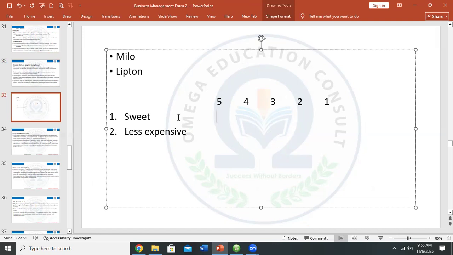Yes, Portia. 4. Milo would have 4. And then what of Lipton? Lipton would have, say... Yes, Prof. Now don't say 0.